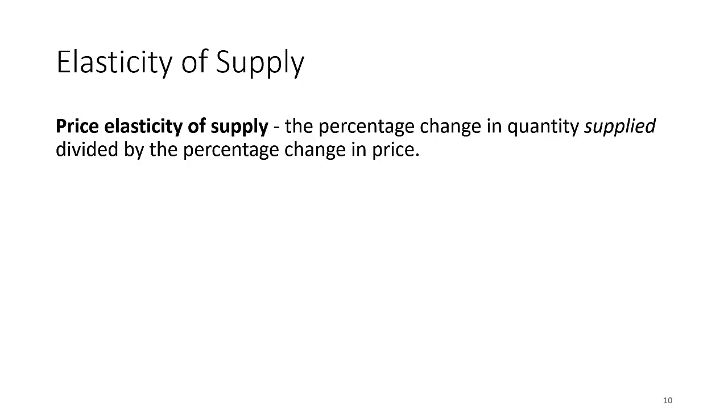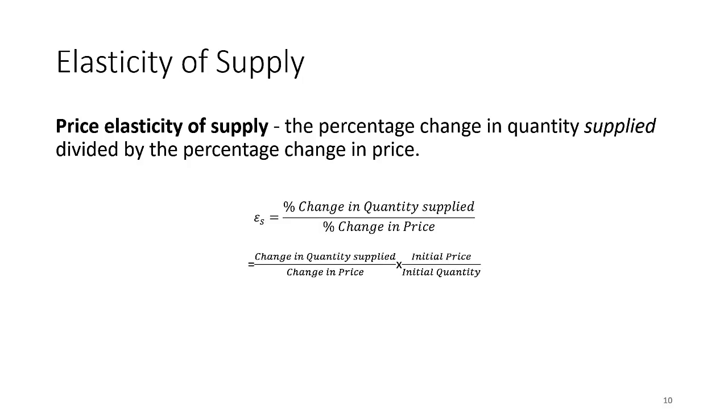Now we'll continue the discussion. Next we'll be discussing elasticity of supply. The idea here is exactly the same as demand, so we'll not be spending too much time. So let me define it. Price elasticity of supply means the percentage change in quantity supplied divided by the percentage change in price. That means you are trying to measure the responsiveness of quantity supplied to a change in price. And this is how you calculate it.